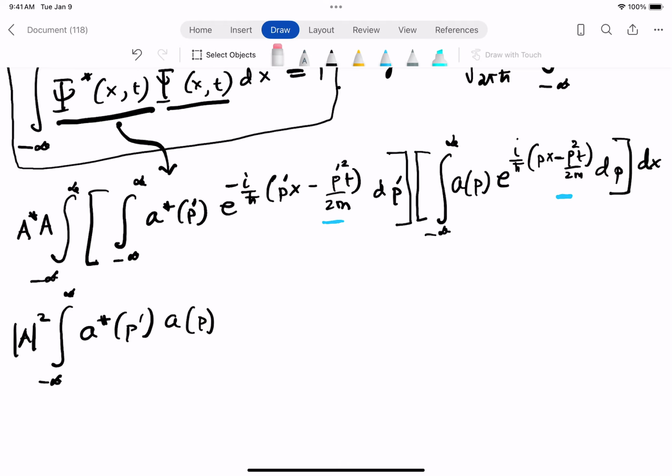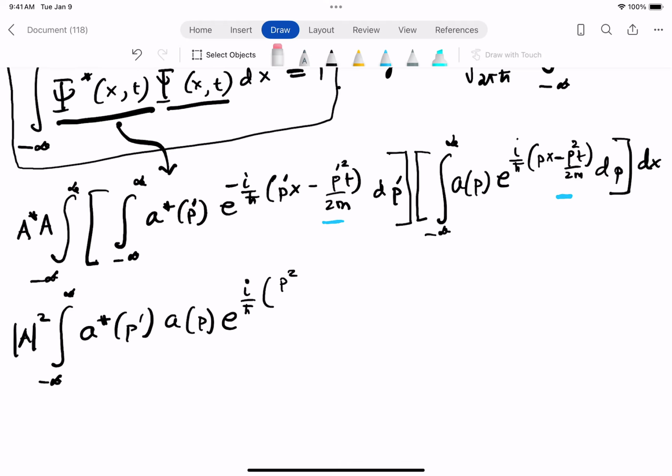What we have is e to the power of i over h bar, p prime squared.